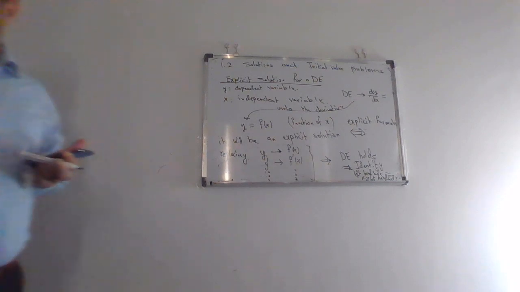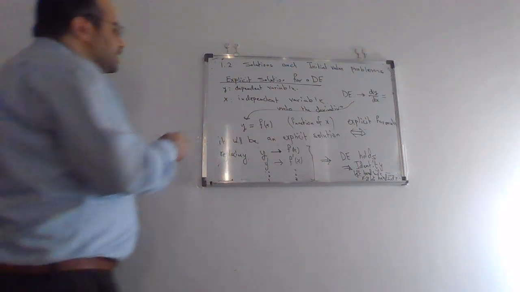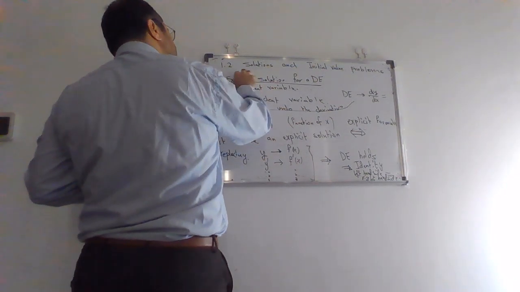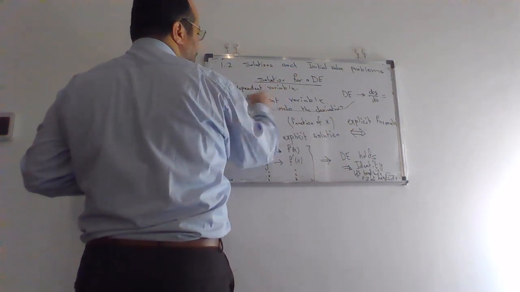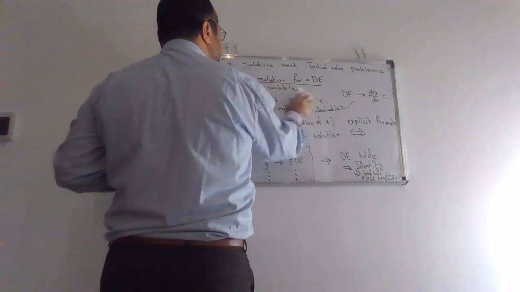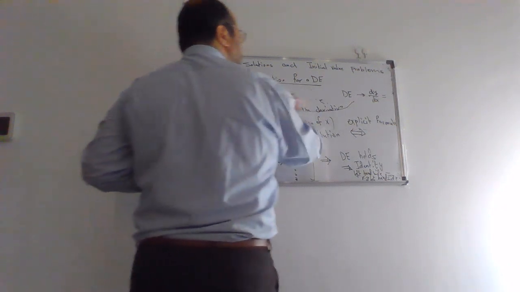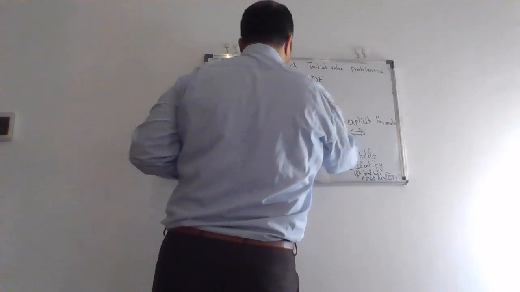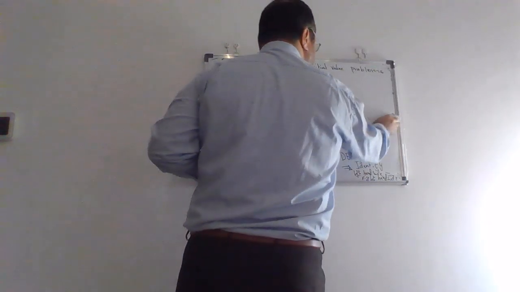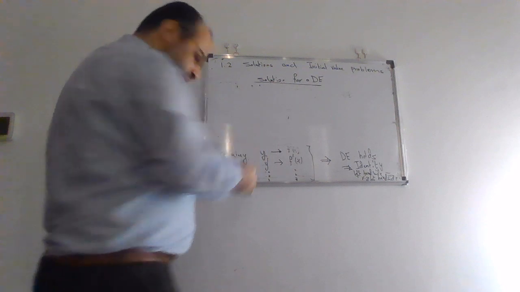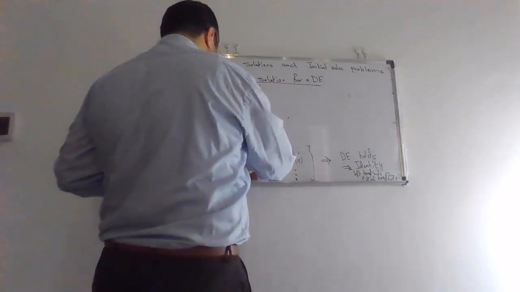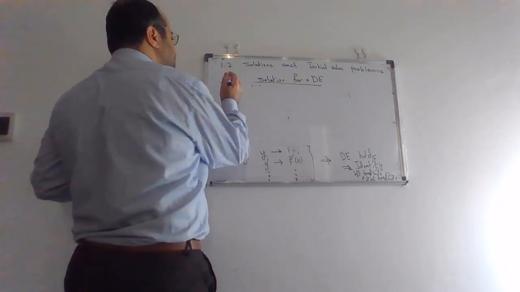So why am I calling this an explicit solution? Is there anything else called an implicit solution? Still we have a dependent variable and an independent variable, but now I will call the solution in a different way. Let me go with implicit solution now.